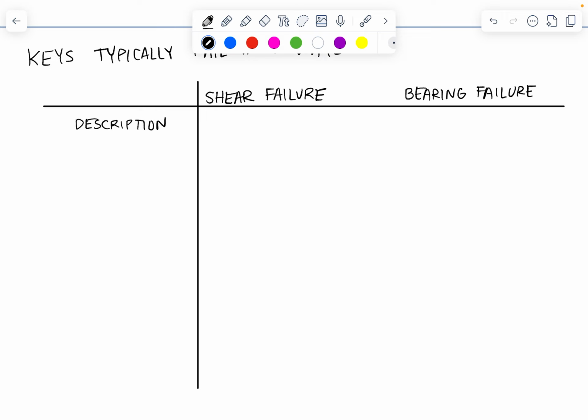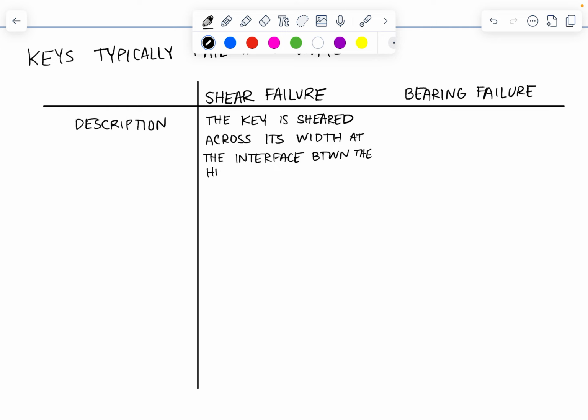So, first, for shear failure. This occurs when the key is sheared across its width at the interface between the hub and the shaft.